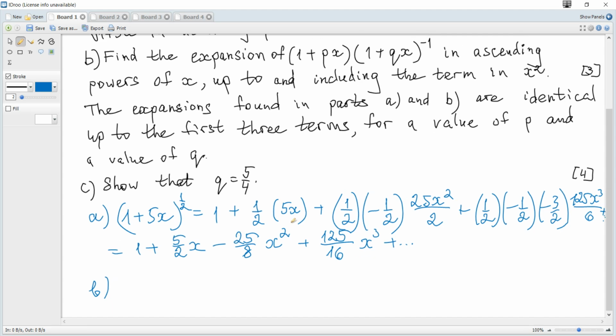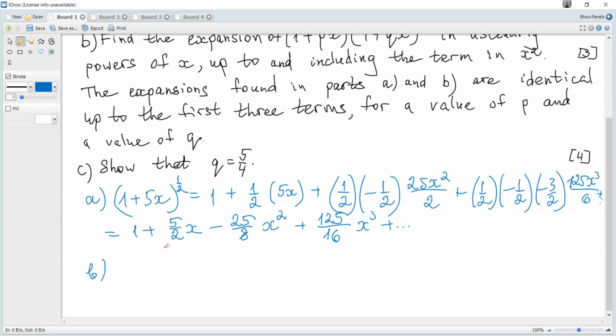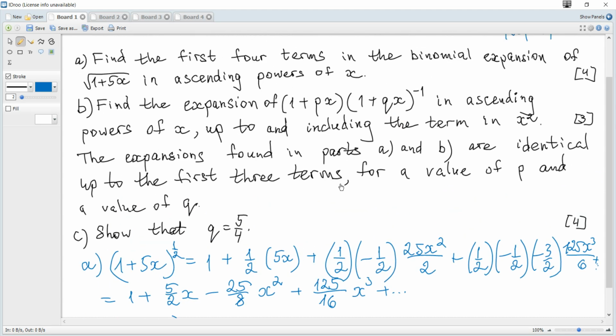Question B. Find the expansion of (1 + px) multiplied by (1 + qx) to the power of negative 1 in ascending powers of x up to and including the term in x squared. So (1 + px) multiplied by, and we apply the same formula.